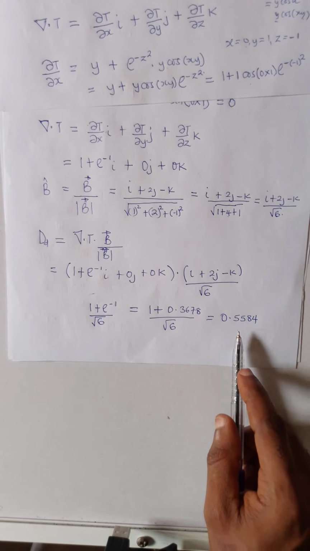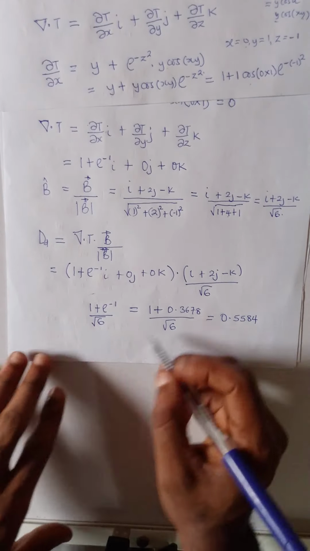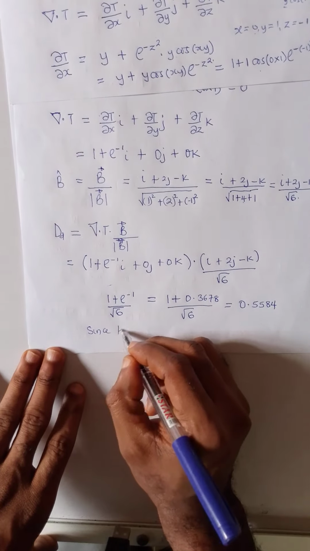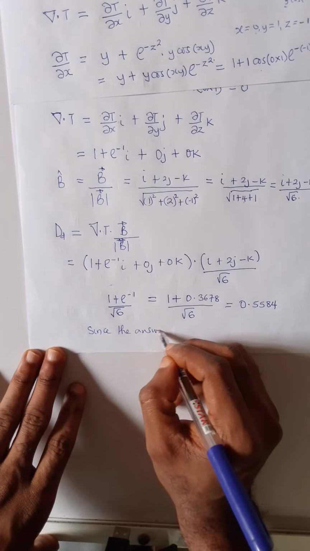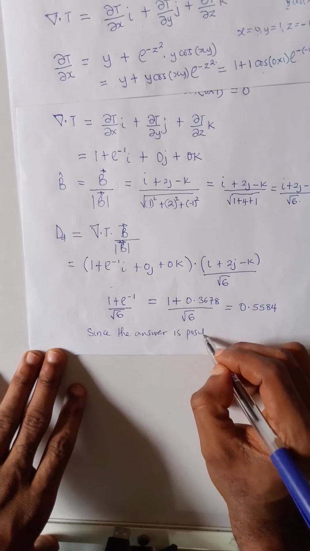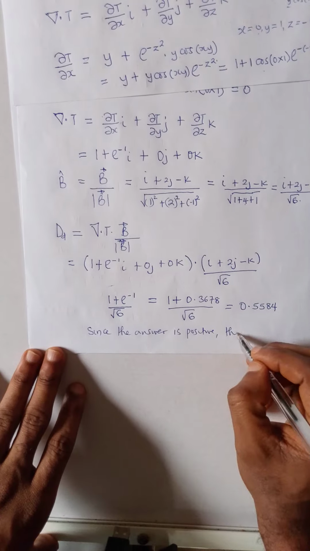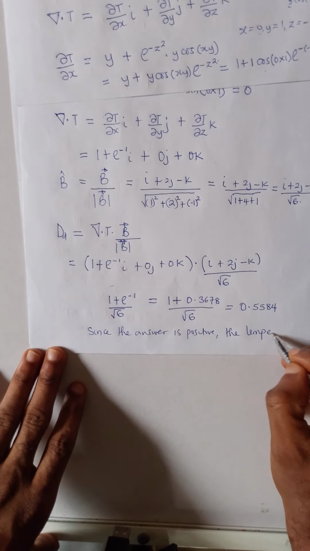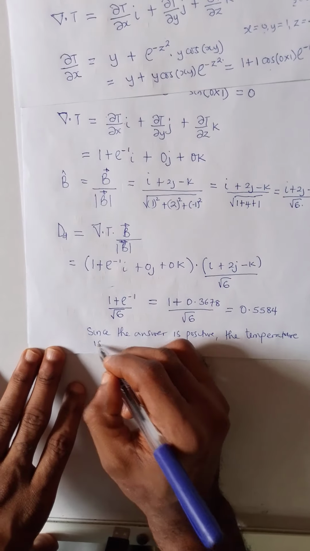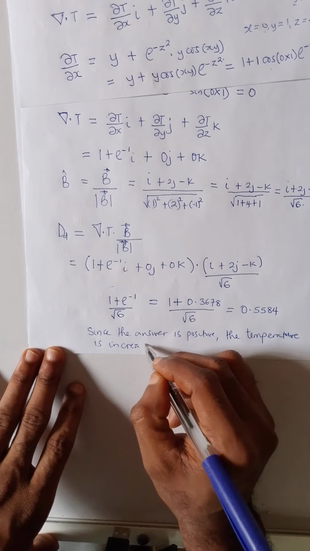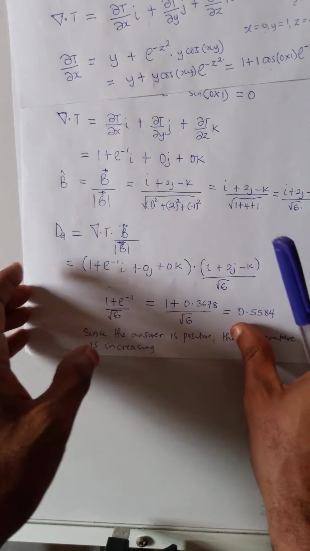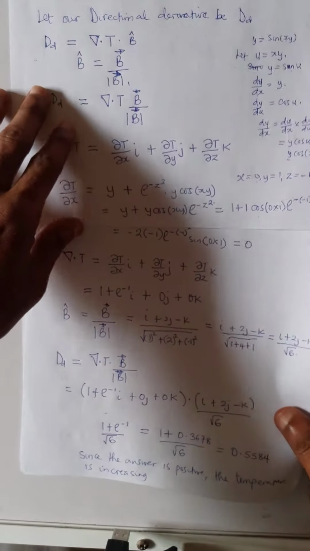Since the answer we have for the temperature is positive, we can say that the temperature is increasing. Assuming we had a negative answer here, we would have said that the temperature is decreasing.